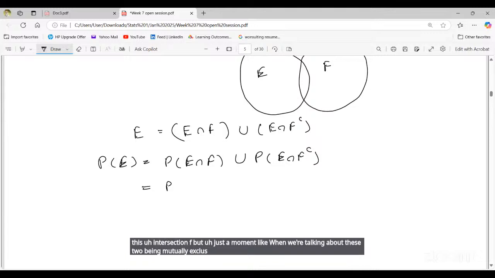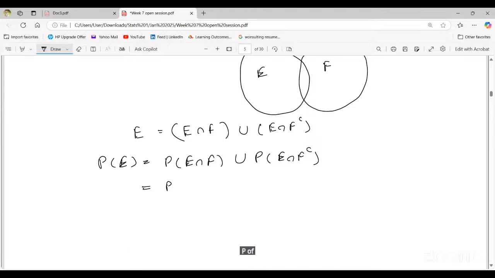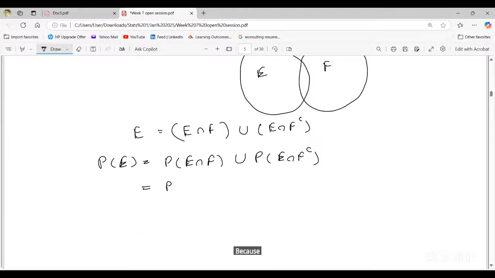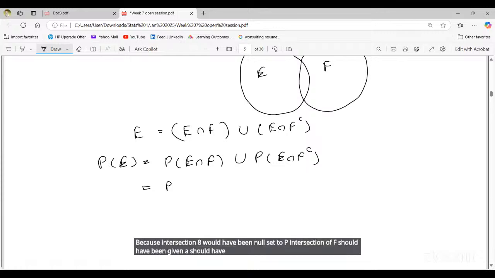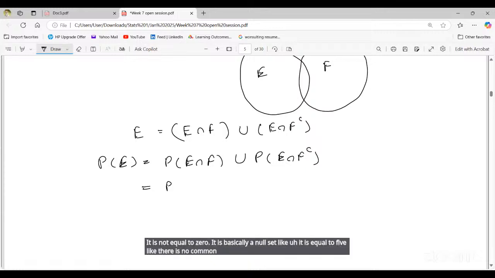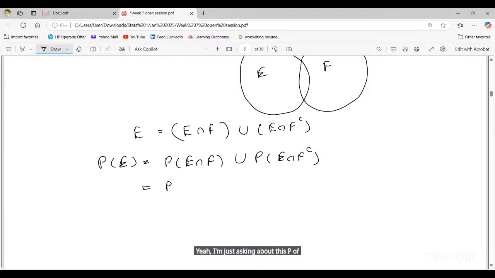But in our case, P of E intersection F was not a null set; we were taking it as it was. It is not equal to 0, it is basically a null set. No, you can't say it is equal to 0.